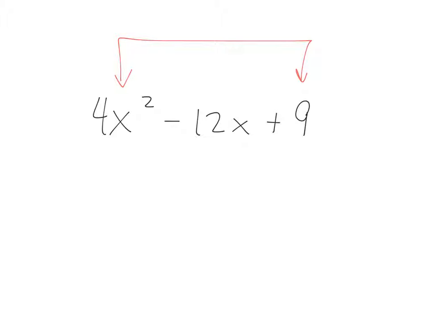If they are perfect squares, take their square root each. 4x squared, its square root is what? 2x. The square root of 9 is 3. What's 2x times 3? 6x. Double that. What do you get? And isn't that what the middle term is? Now, obviously, it's negative, right?